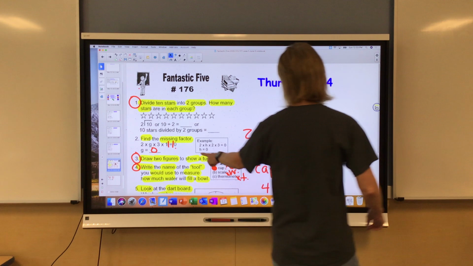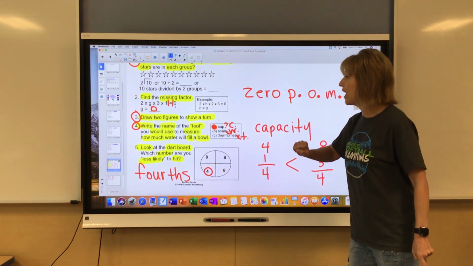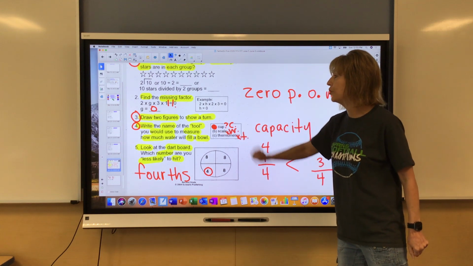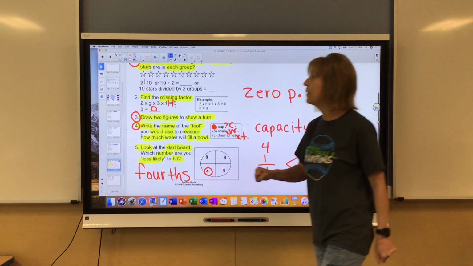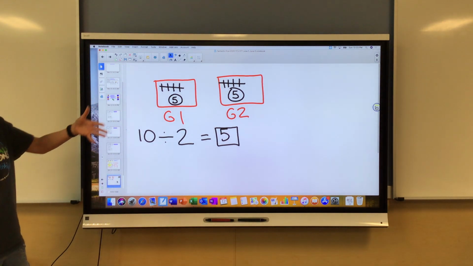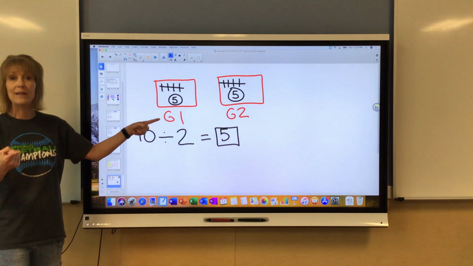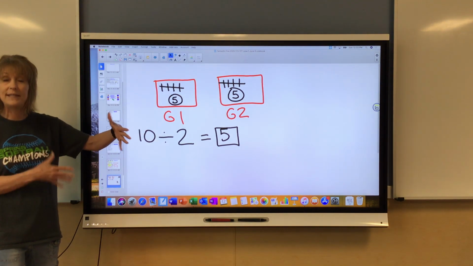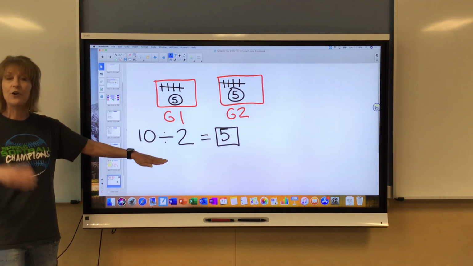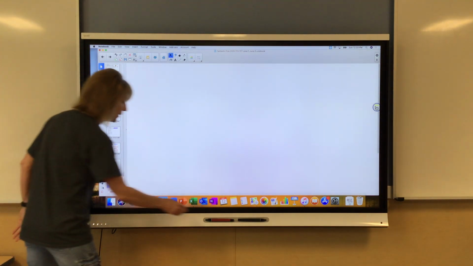We're going to do the figures to show a turn last. I want to go to measuring capacity. And I think we've already done this once this week. I can't remember which day. So I'm going to go to a clean new sheet so you'll be able to see. If you have room here, stay here or flip to the back, another clean sheet.